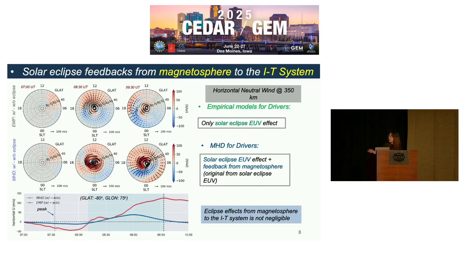This feedback strongly enhances the polar cap anti-sunward convection and the neutral wind. Here we show the neutral wind, so neutral wind got enhanced dramatically. And if we look at one particular location, the difference of neutral wind can be more than 100 meters per second. So certainly the feedback of the magnetosphere can be important for the neutral dynamics.